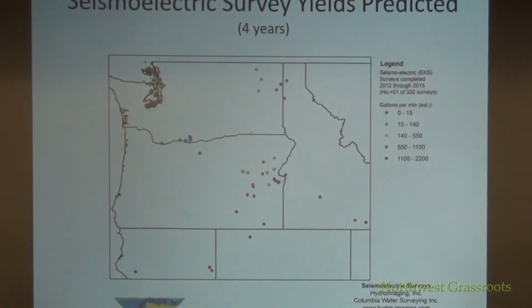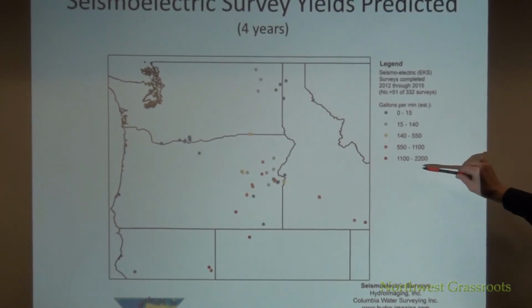And then this diagram shows 4 years of his surveys over the 3-4 state area, and they're color coded by gallons estimated that would be produced in a well.